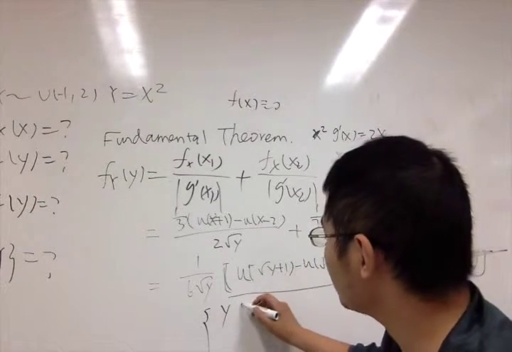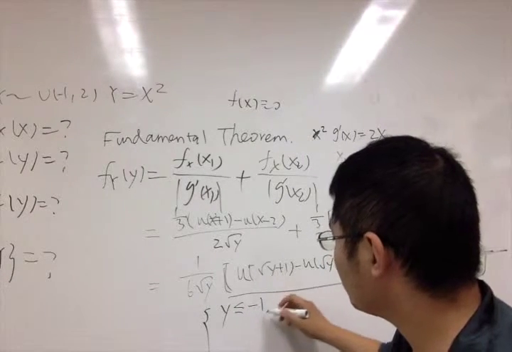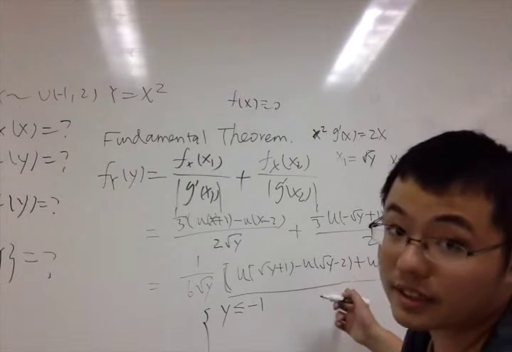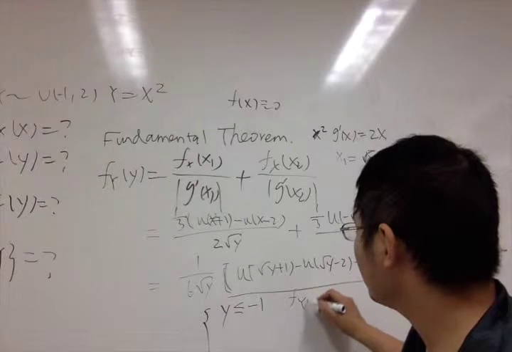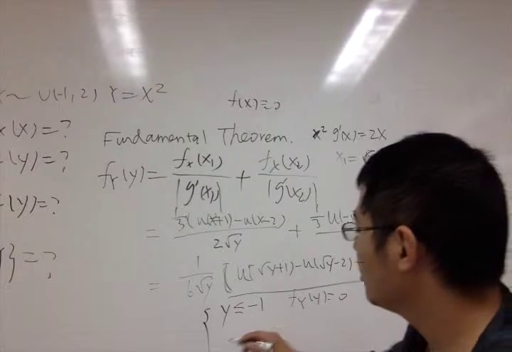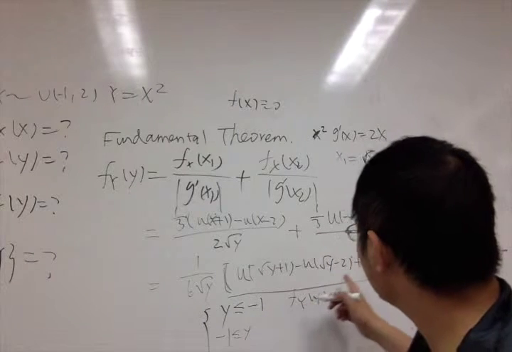When y is less than -1, all three functions are 0. So fy is 0.